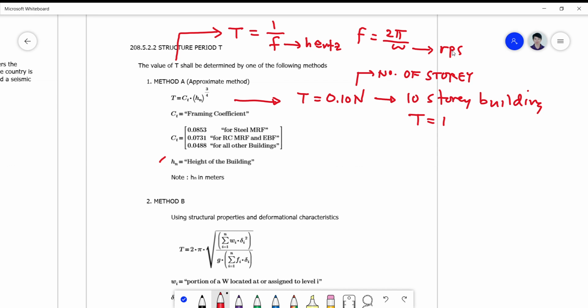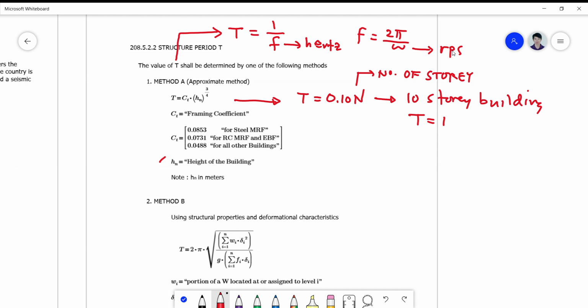So for the formula T is equal to Ct Hn to the 3/4, the Ct is a coefficient depending upon the frame used. For steel frames, we use Ct equals 0.853. For RC, we have 0.731, and for all other types of buildings, we have 0.488.